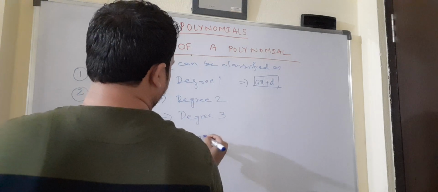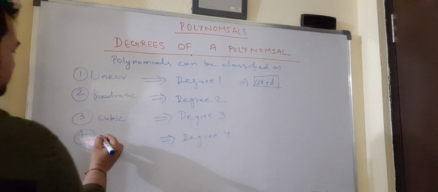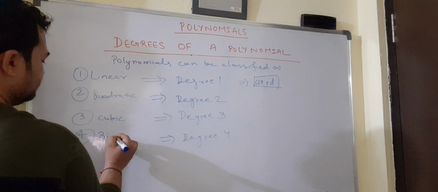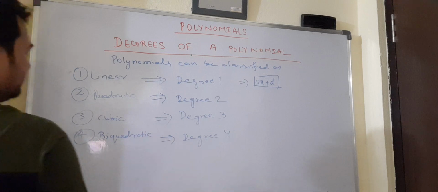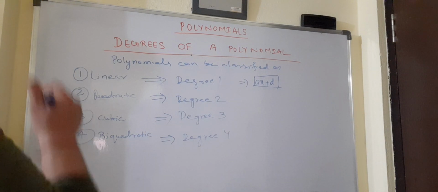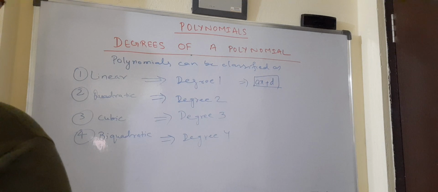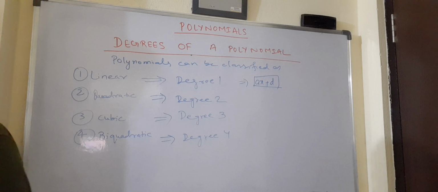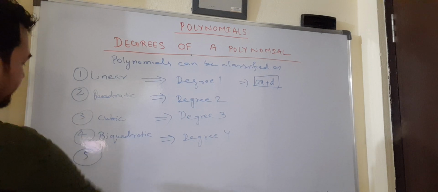If the degree is 4, such polynomials we call biquadratic polynomial. So basically, up to these you have to study. You can add one more.